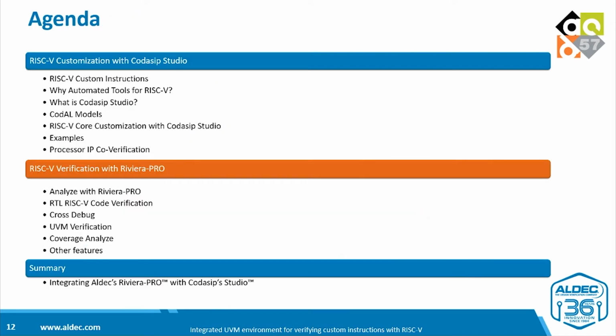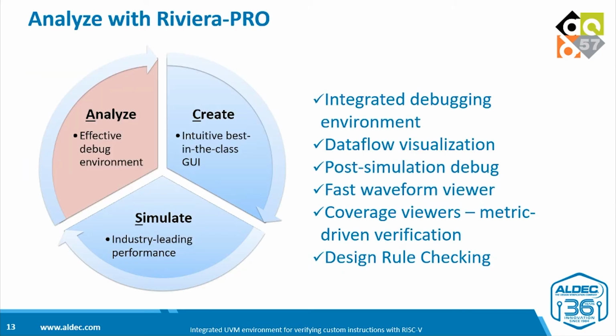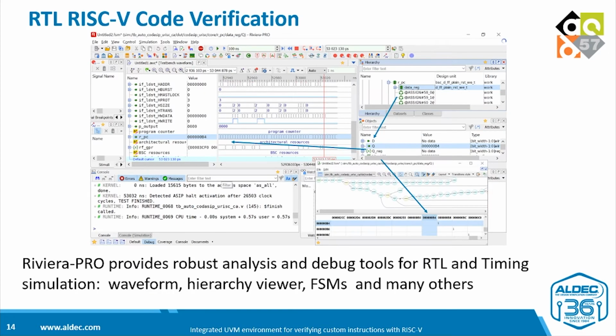So we're now going to look at verification of RISC-V using Riviera-PRO. Riviera-PRO has a rich set of features for analyzing the design in an effective debug environment. So if you're verifying the RTL code, there's a robust set of analysis and debug tools.